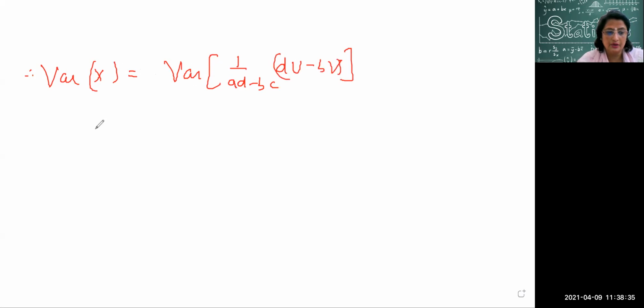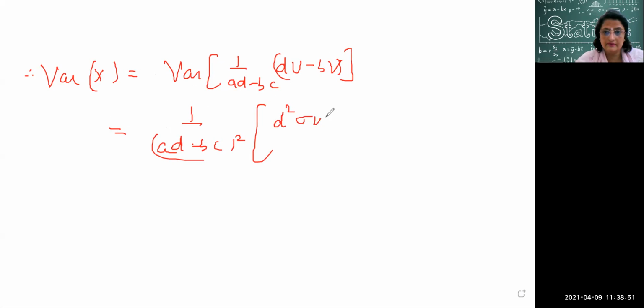So in variance, you know that whatever constant is there as a coefficient gets squared. That is, (ad minus bc) whole square, then d square into variance of u plus b square into variance of v, minus 2bd into covariance between u and v.